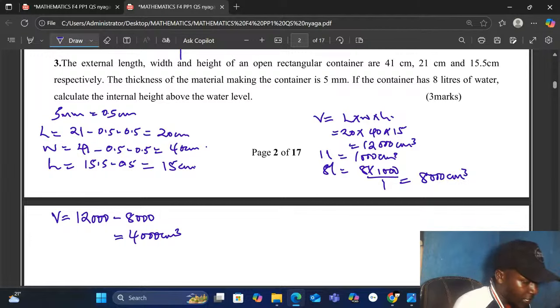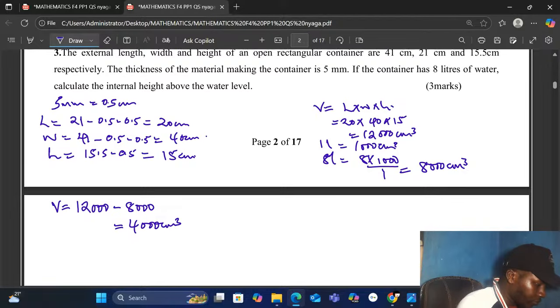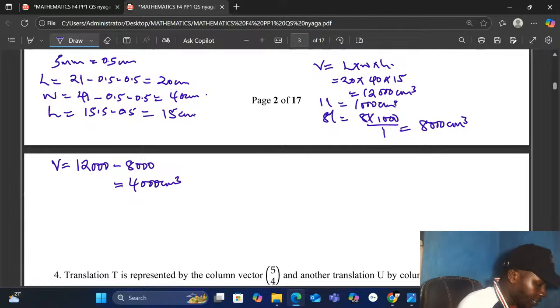Now they want us to find the remaining part that is not filled with water. The volume is now 4,000 cubic centimeters. We know the length and we know the width.